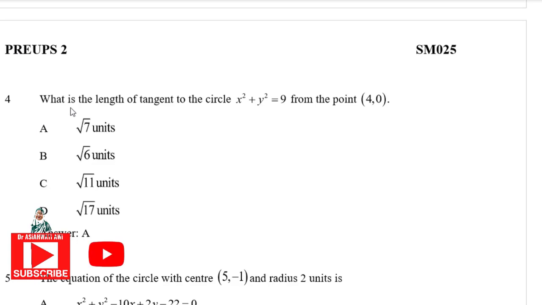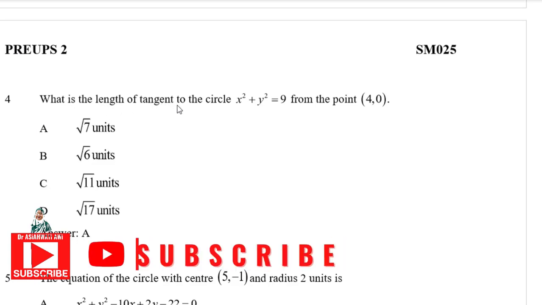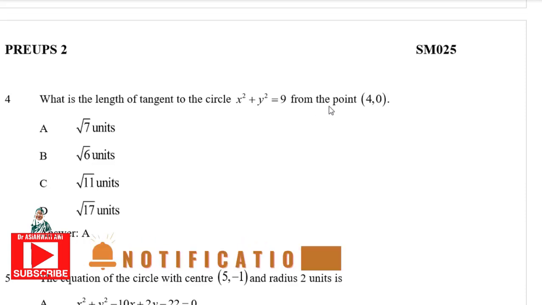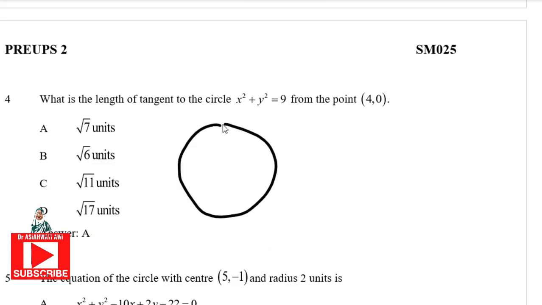Number 4. What is the length of the tangent to the circle x squared plus y squared equals 9 from the point 4, 0? Okay, this is a circle. And from the point, let's say the point is here, 4, 0.